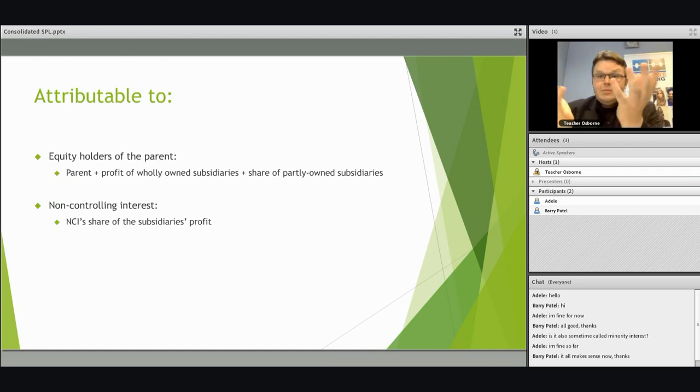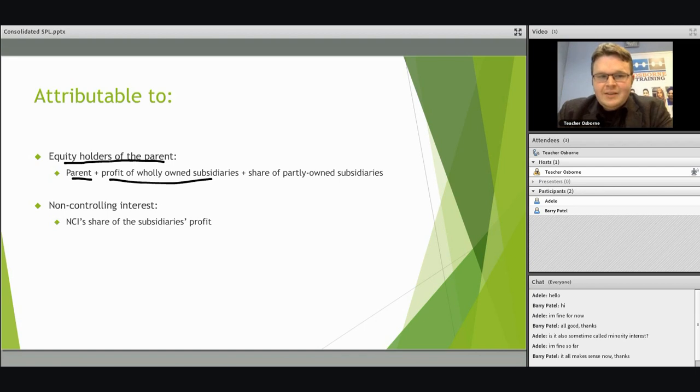All right. So, let's look at what after we find the profit, we have to do the attributable. All right. So this is also where students forget a lot to do this because that profit is not all for the main company. All right. We have to worry about the non-controlling interest as well. So we say profit attributable to, and we call this the equity holders of the parent. Right. So kind of simplified owners, but as you know, there's certain words that we have to use under International Financial Reporting Standards.